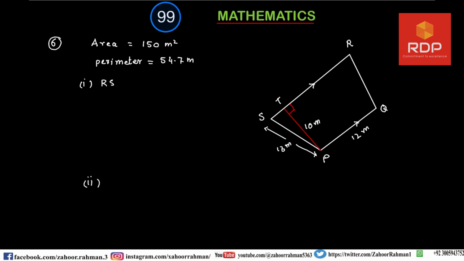So let us write first the area of trapezium is equal to 1 over 2, and if we are saying the sum of parallel sides, so there will be PQ plus RS into the height, which is PT.